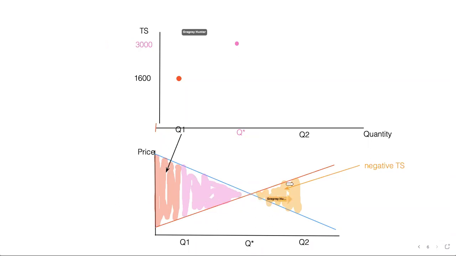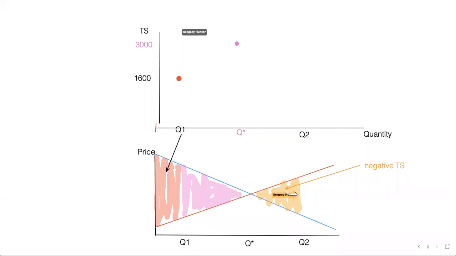I would get to $3,000 worth of total surplus. And now I would be subtracting off this area, which let's say is $1,200 negative dollars of total surplus. Then it'd be 3,000 minus 1,200.